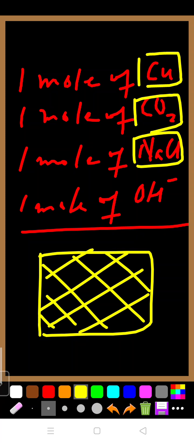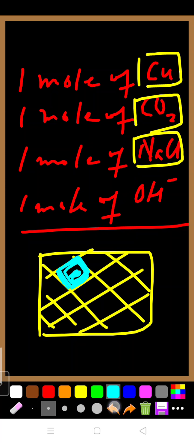If we pick out one unit with a repeated configuration of sodium and chlorine, that is one formula unit. So 1 mole of sodium chloride will contain Avogadro's number of particles, the same number of particles I gave you before.